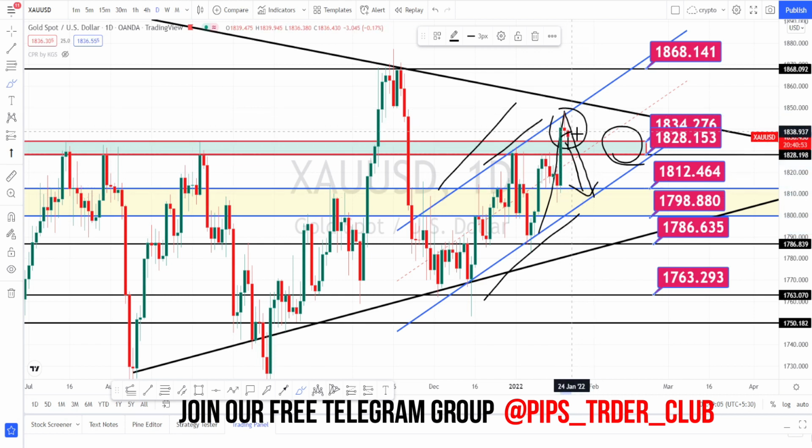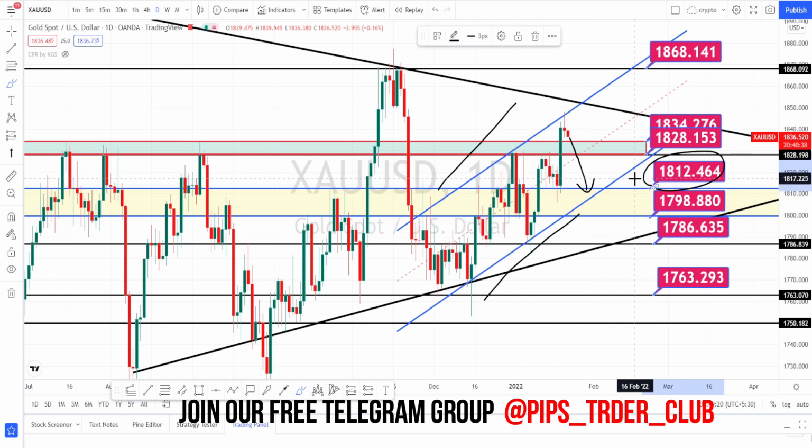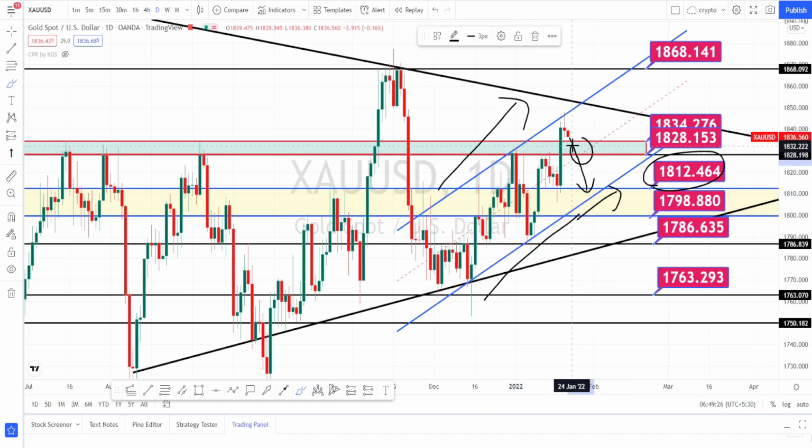So we can expect the price action to break this support level. If it breaks this support level, the next level of support is going to be the previous support level, around 1812. But still overall, it is in a bullish trend. It can break this support level or it can take support on this support area and continue its bullish trend.